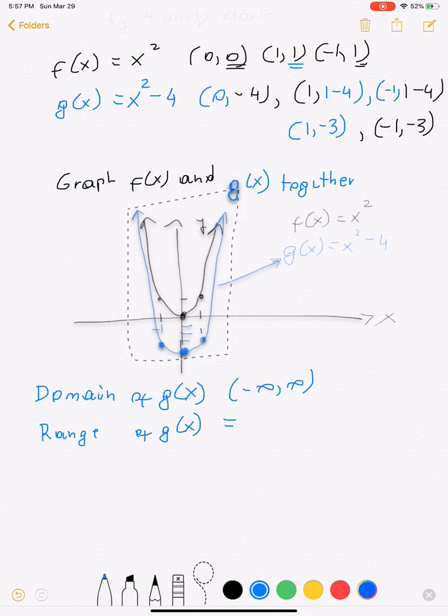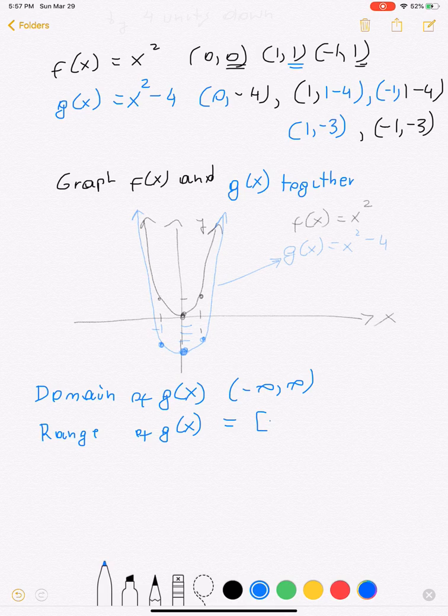So the range will be from negative 4 to positive infinity, and the range is different compared to the original graph, x squared. For the original graph, the range was from 0 to positive infinity. For g of x, the range is from negative 4 going up to positive infinity.